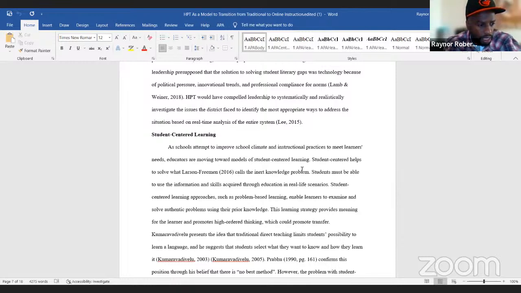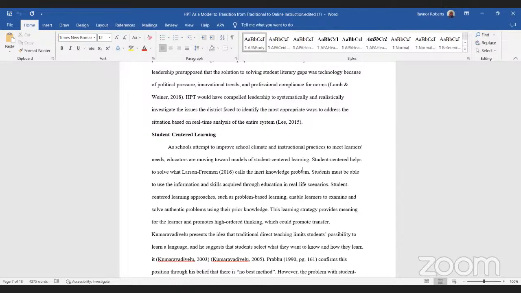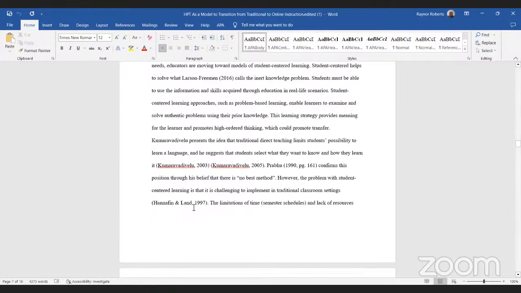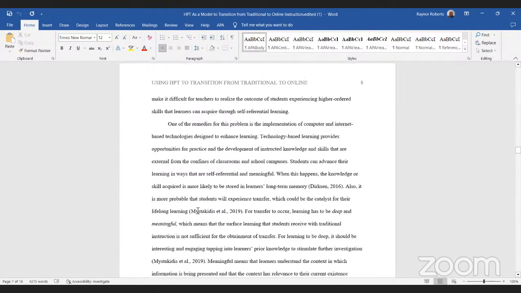Okay. So, Mr. Ray, the reason I shared my article with you is just to check if this is what is required. The APA style, I'll fix it right after if I see the content is correct.